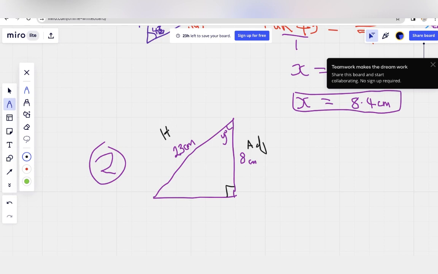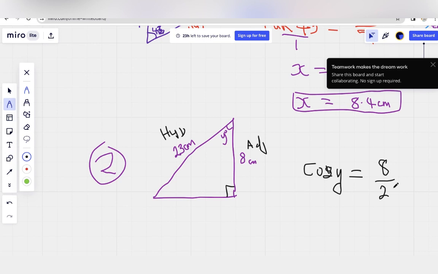We have adjacent over hypotenuse, which is what? Cos. Right? So we say cos y. Cos y is equal to the adjacent, which is 8, over the hypotenuse side, which is 23.